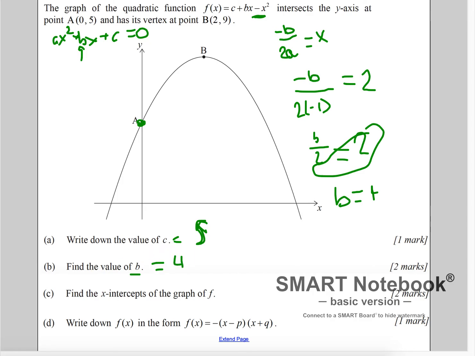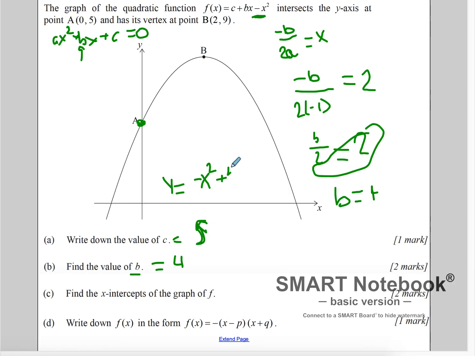Now we've got to find our x-intercepts of the graph, right? So how are we finding our x-intercepts of the graph? Well, we can just factor now because we have all the numbers for this equation, right? We have y equals negative x squared. I'm just going to write this in the right form, or standard form: negative x squared plus I know what b is.